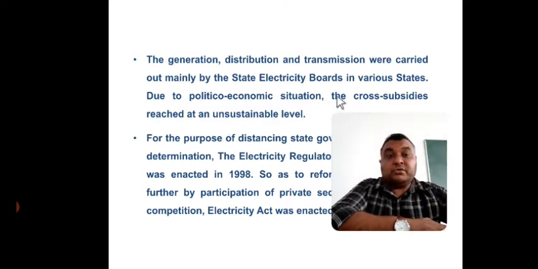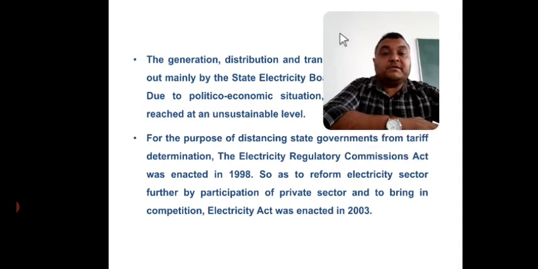For the purpose of distancing state governments from tariff determination, the Electricity Regulatory Commission Act was enacted in 1998. To reform the electricity sector further by participation of the private sector and to bring in competition, the Electricity Act was enacted in 2003.